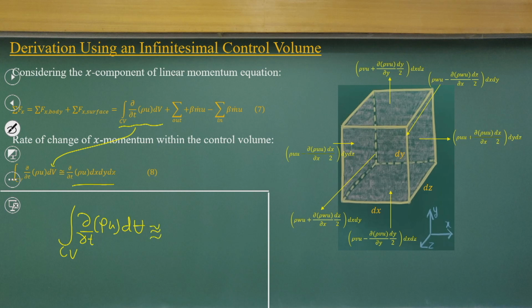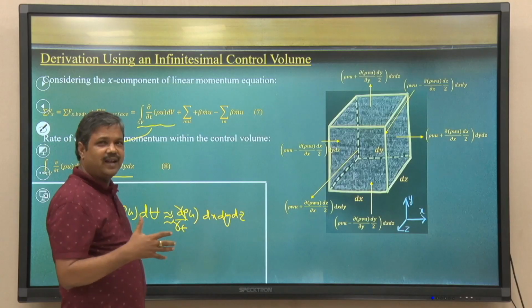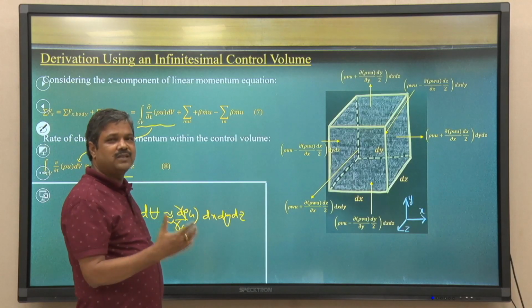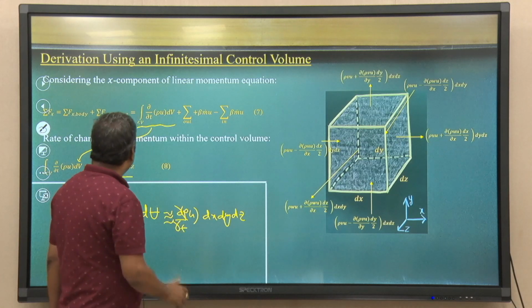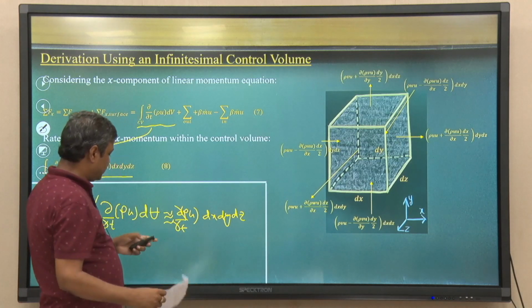Because of the smaller control volume, dV will be dx dy dz, and we can approximate this as rho u. The variations within this small control volume are not that significant, so you can take these functions out and write the answer. So, try to understand the basic approximations used in deriving these Cauchy equations.